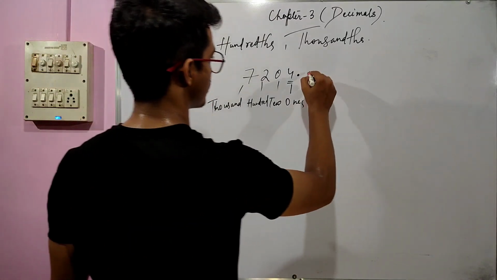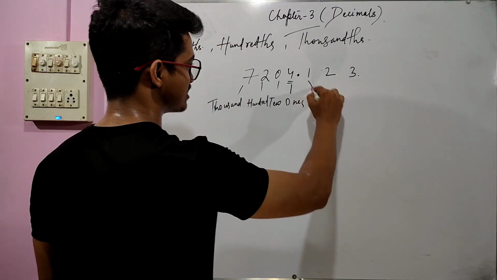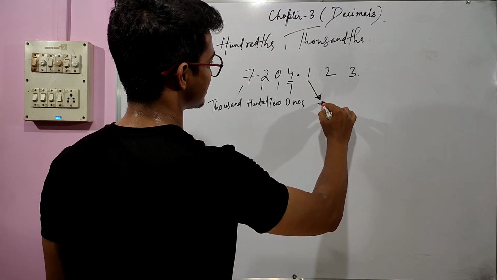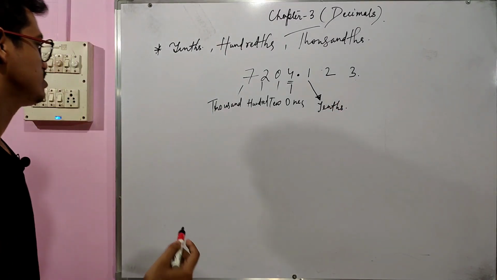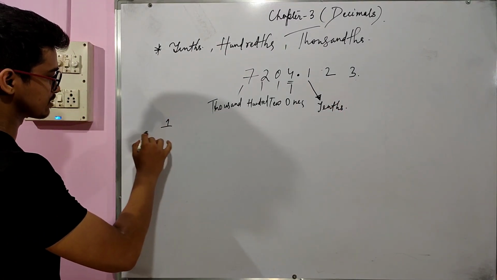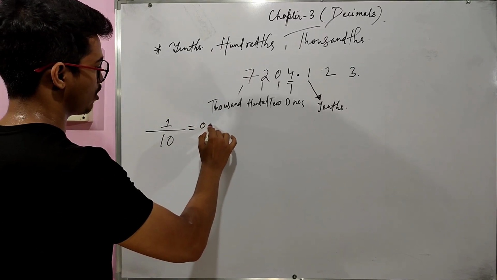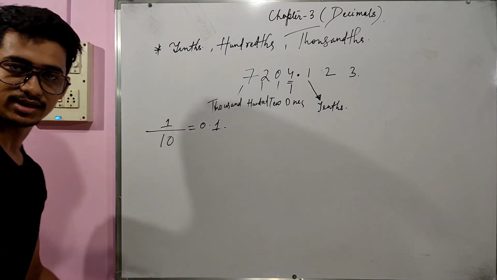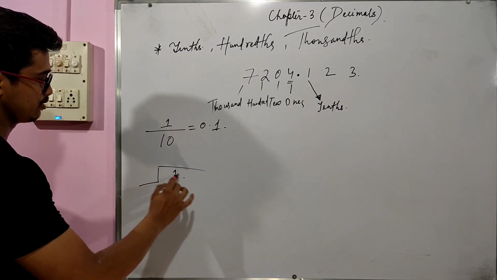If I'm talking about, let's say, 0.123, so this 1 is nothing but tenths. Why is this tenths? Because 1 by 10 is nothing but 0.1. So how do I find that 0.1? Just simply divide 1 by 10.